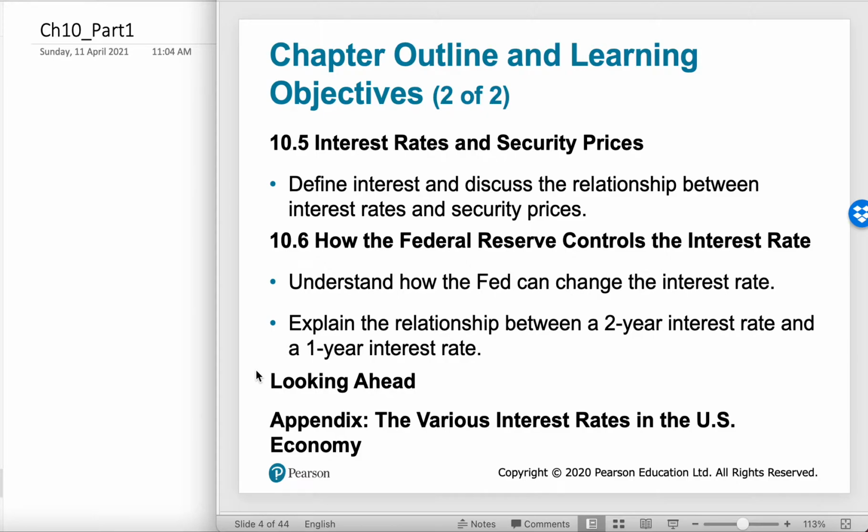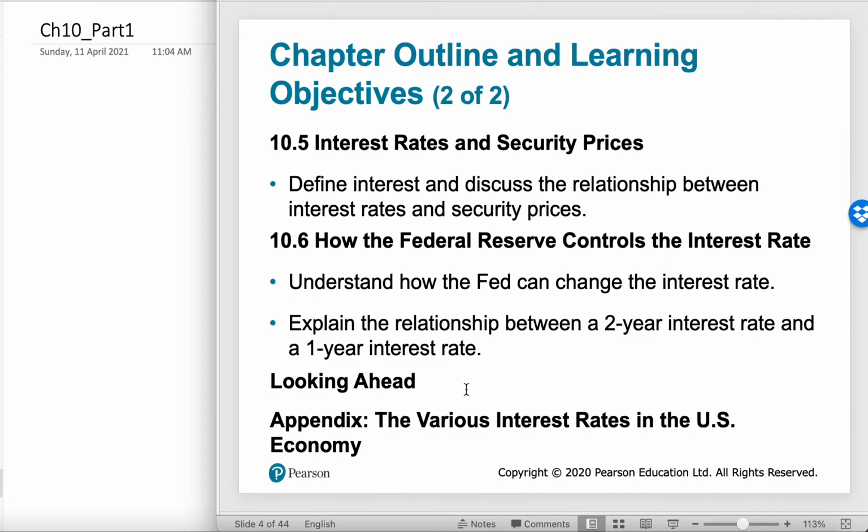Then we move on to explaining the relationship between interest and security prices. By security we refer to the bonds. Followed by that we show that there's an inverse relationship between these two, and we will then move on to explaining how central banks control the money supply or the interest rate, either one, either the money aggregates or the interest rates.